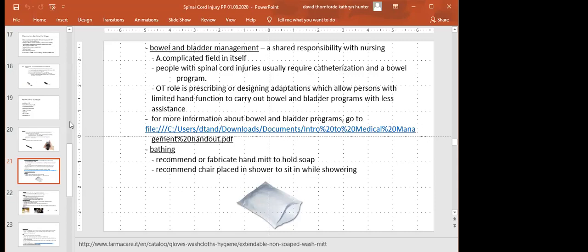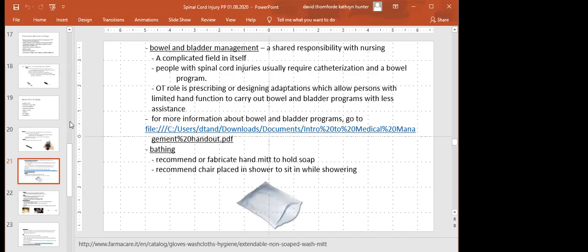If you're working with a person on bathing, the main recommendation is to have a chair in the shower so they can sit. Obviously, standing is difficult for a person with most types of spinal cord injury. So a chair to sit on is useful. And then some way of holding the soap. I've put here a small picture of a mitt that you can put over your hand.